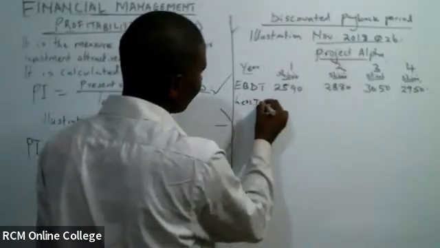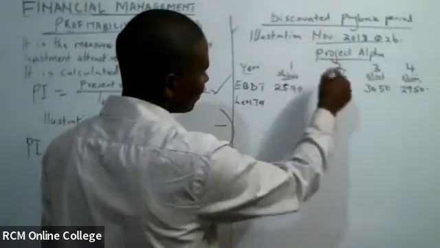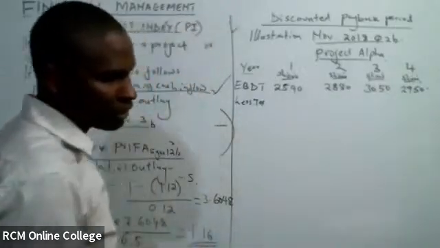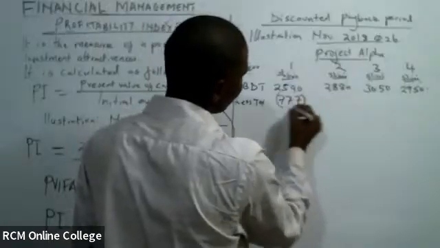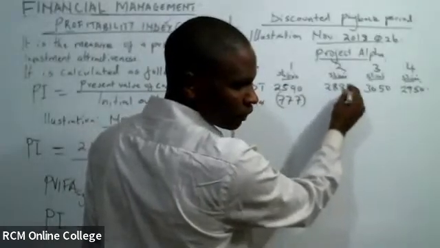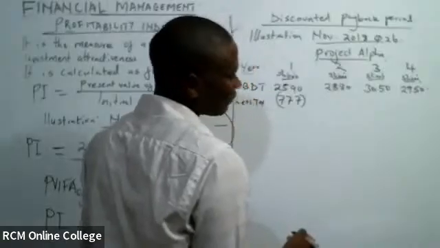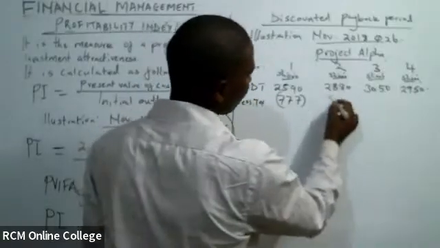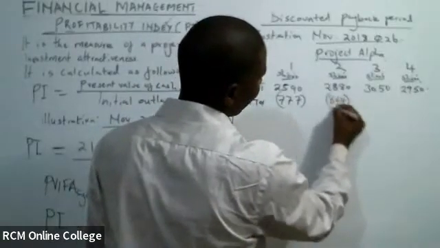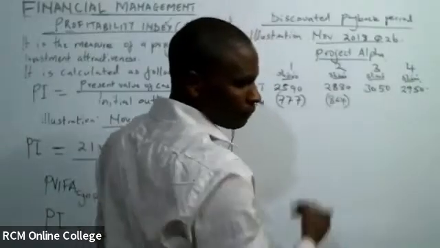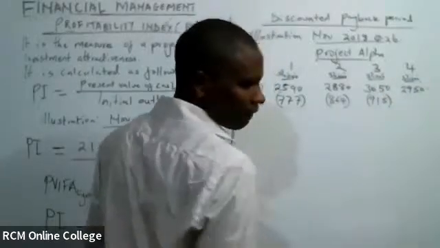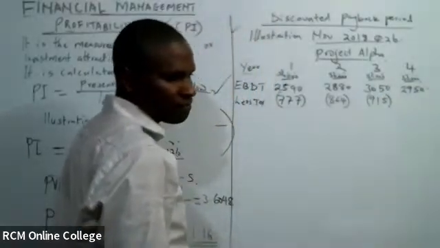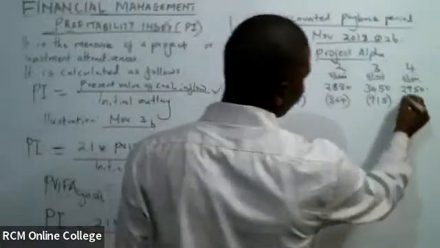So tax is 30% of each: 777, 777, 864, 915, and 885.